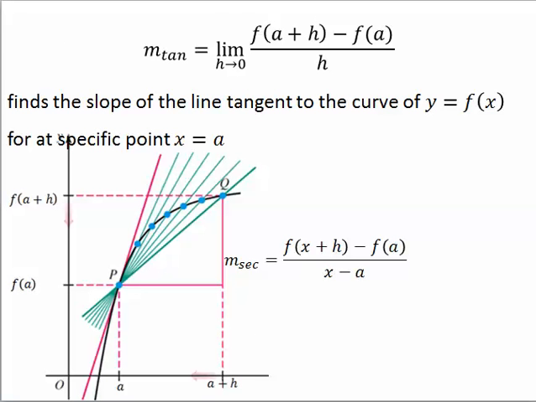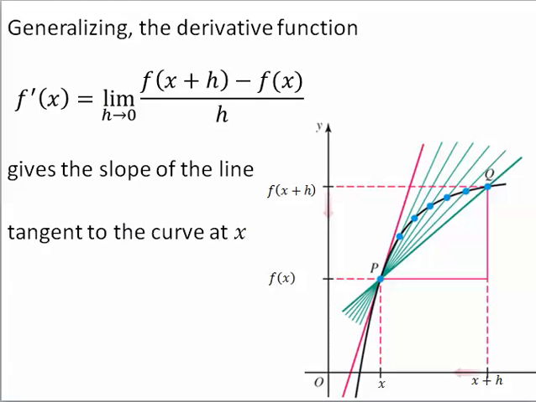We also, at the very beginning of the semester, talked about how the slope of the tangent line is found with this limiting process using slopes of secant lines. And we were doing it at particular points, but what if we were to say, we just want to do it at some point x? Well, if we do that, then we're talking about the derivative function.